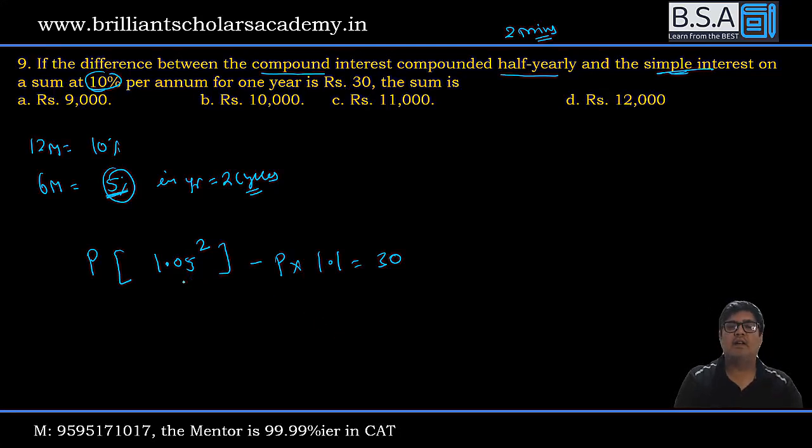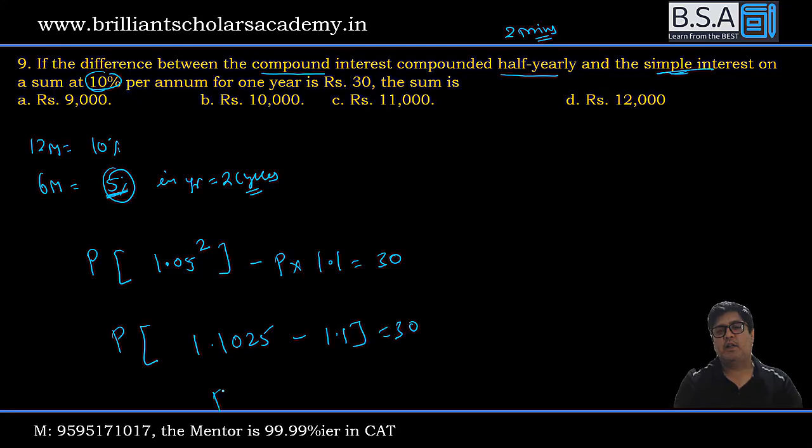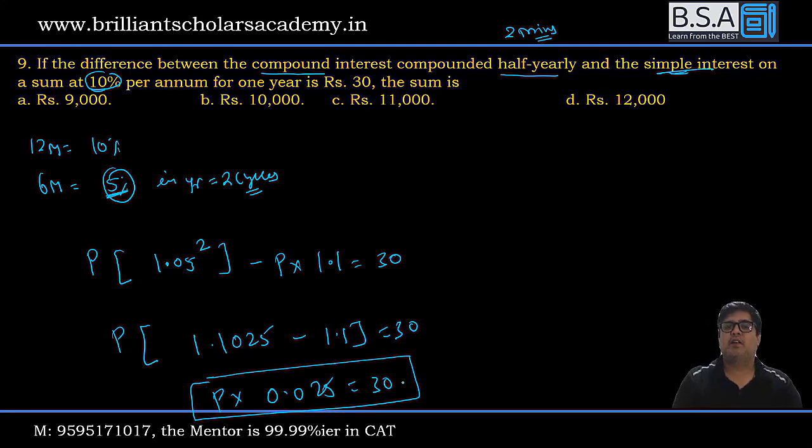What is the square of 1.05? So P into 1.1025 minus 1.1 is equal to 30. So P into 0.025 is equal to 30. You solve this and your answer is ready. 12,000 I believe is the right answer.